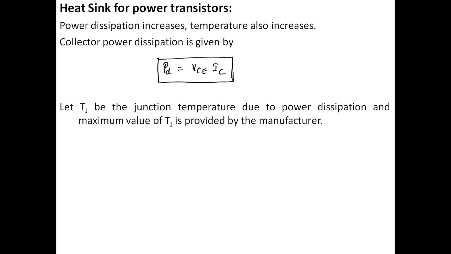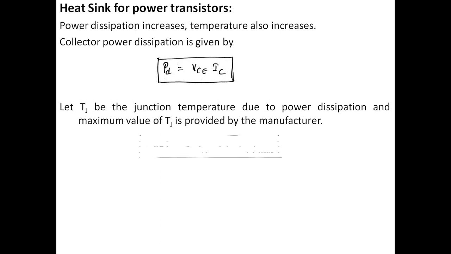This is one criterion, and a major, important criterion is its basic construction, its width, its length, and what type of material you are using. All these play a vital role in deciding the maximum temperature that the power transistor can withstand, and the maximum value is usually provided by the manufacturer.